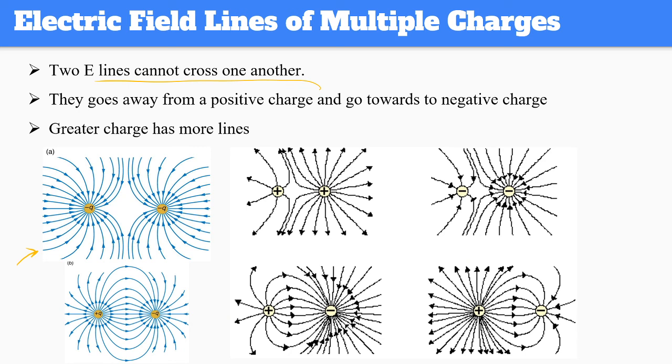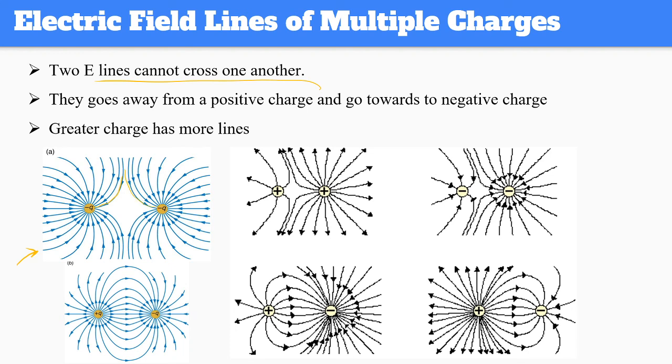But if they went to infinity in this direction and in that direction, they would cross one another, and that's not a possibility. So what do they do? They push on one another and bend each other.